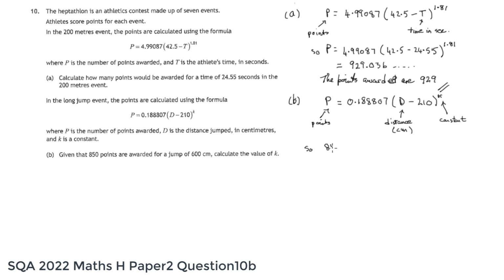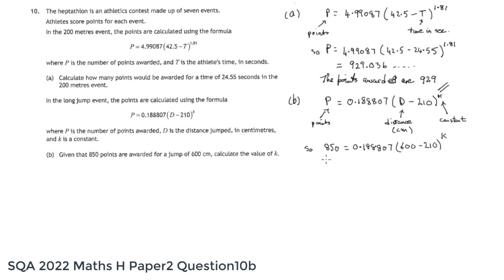So in this case, 850 is equal to 0.188807. The distance jumped was 600 centimetres. Subtract 210 and raise it to this quantity. So that constant is the only thing we don't know in all this.